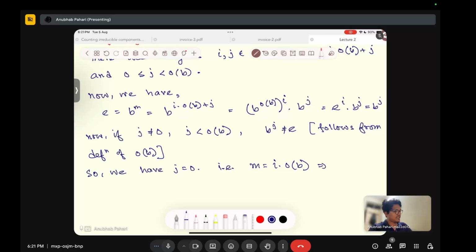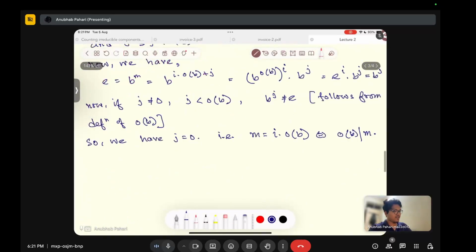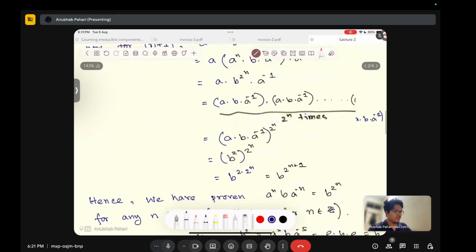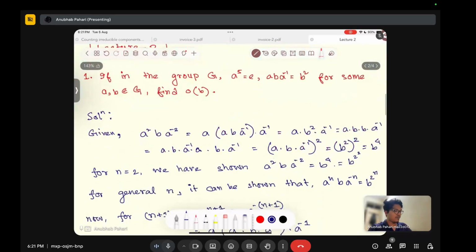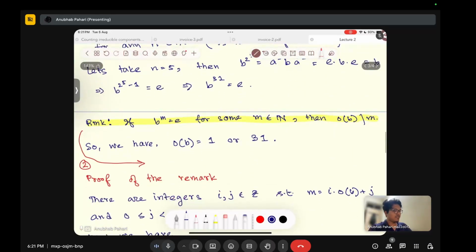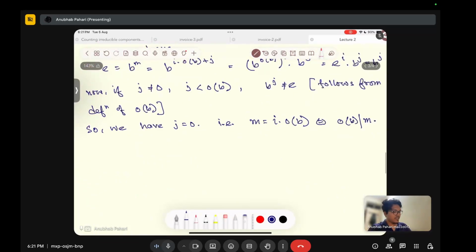This implies that order of b divides m. So yeah, we have successfully proved the claim we used in the proof.